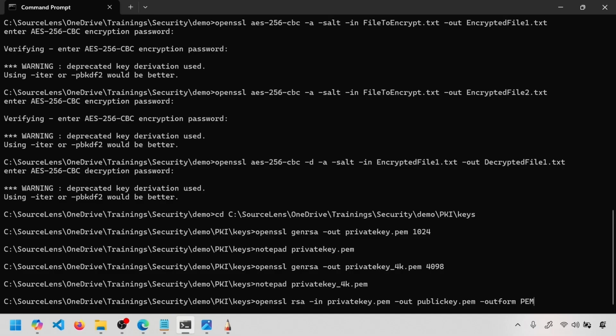We have already seen the PEM format. We'll see a lot of PEM format throughout this training while we deal with certificates. Now we need one more argument to tell it that we need a public key out. So hyphen pubout. That's the full command.